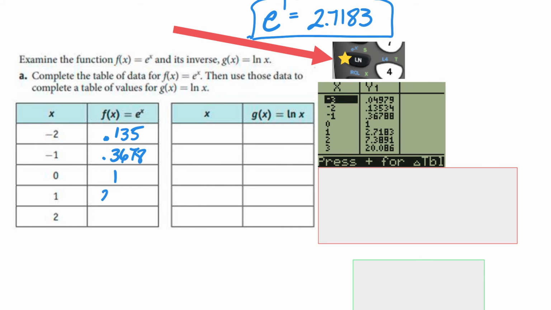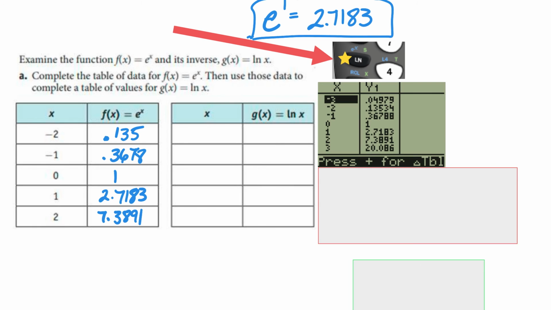Even Euler's number has to follow that rule. So that's where we'll start when we're trying to figure out transformations, which is where we're going to head next, how much we transform these things.